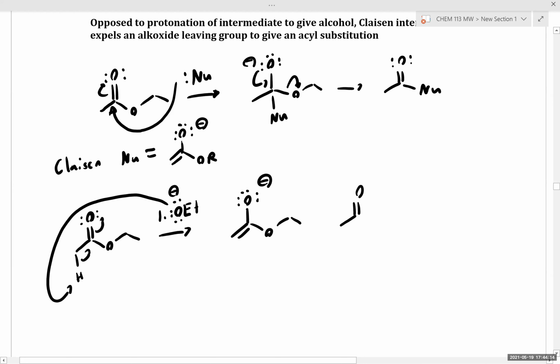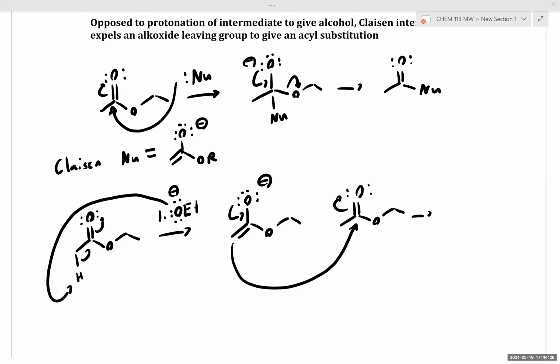So now if we have another equivalent of ester, our nucleophile, this time our enolate, will attack the electrophilic carbonyl carbon, and lo and behold, we are going to make a tetrahedral intermediate. Now, you can really easily kick out your enolate.